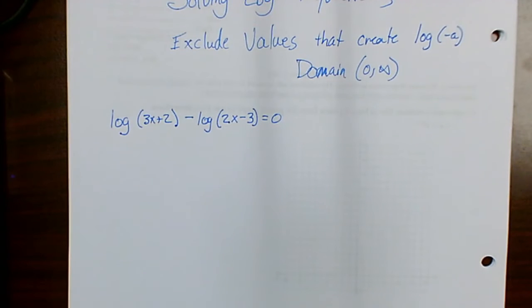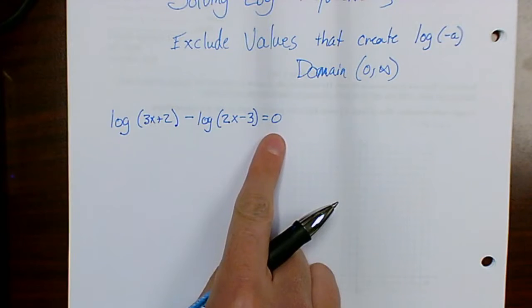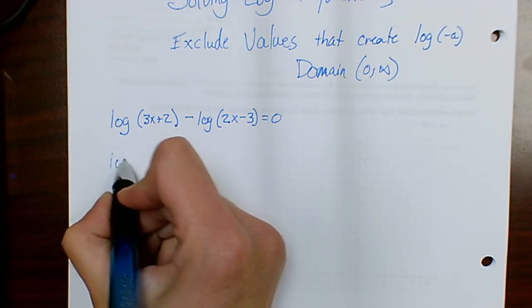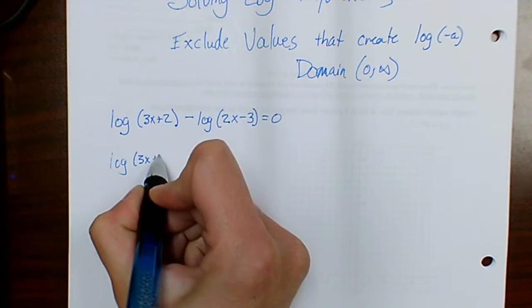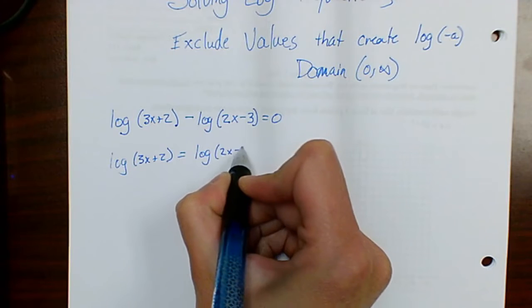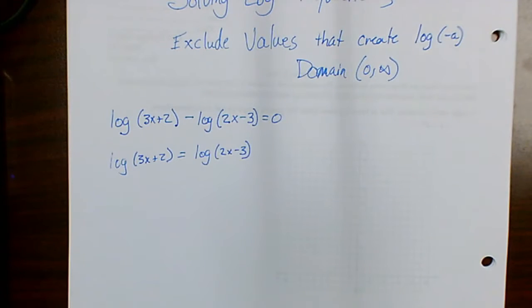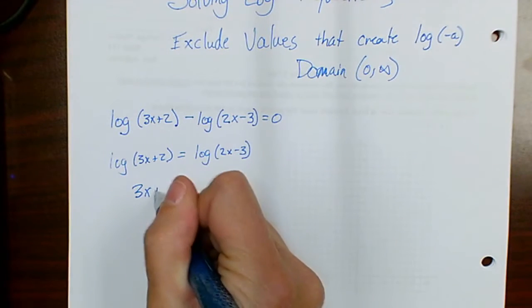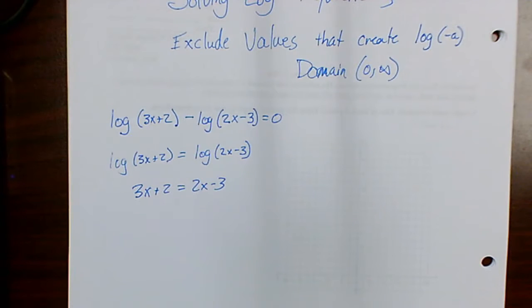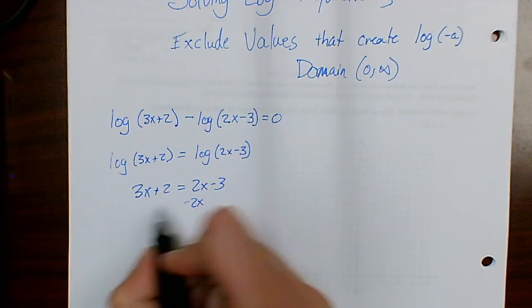Since we have two logs that are being subtracted from each other, and they equal 0, we can set this up as a log equaling a log. That's the first thing I would try to do: can I set this so it's a log equals a log? Because then you can drop the logs and solve for the remaining.